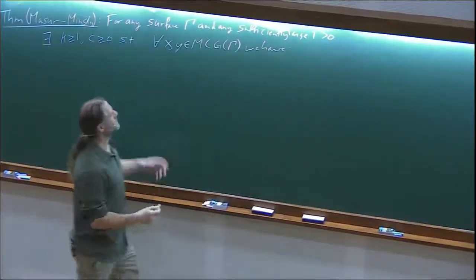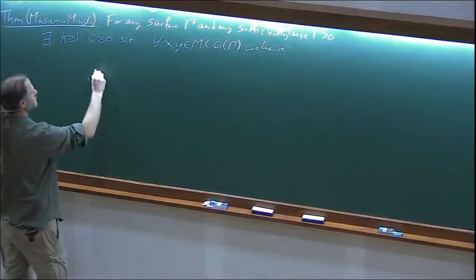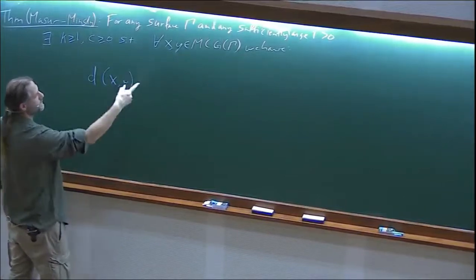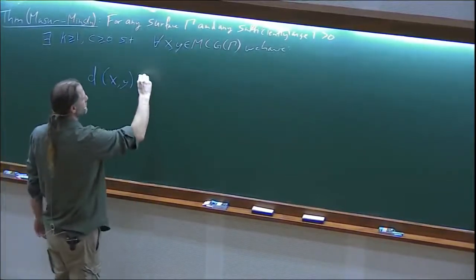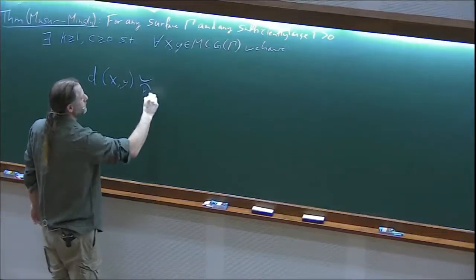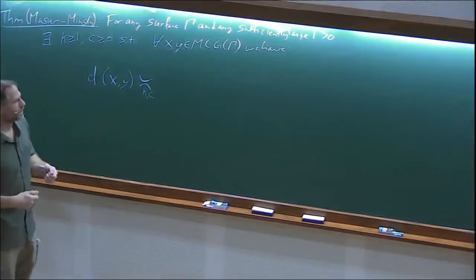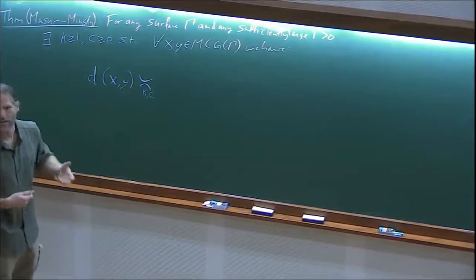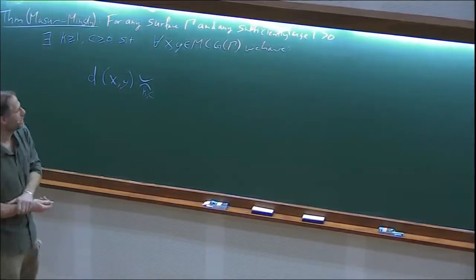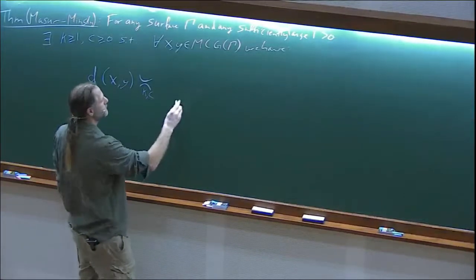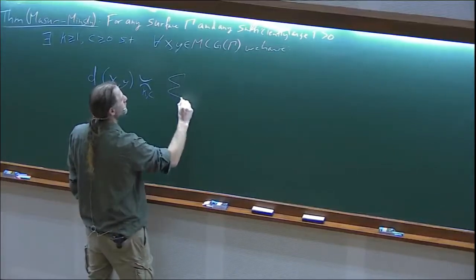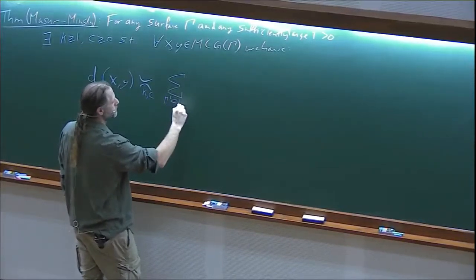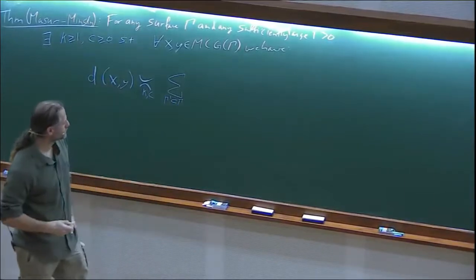a way to estimate distance in the mapping class group. So I'll just say the distance between x and y, by which I mean the distance in the mapping class group, is k,c estimated, so up to a bounded multiplicative error, the multiplicative constant given by k and the additive constant by c, by taking this infinite sum, where I sum over all gamma prime contained in gamma.